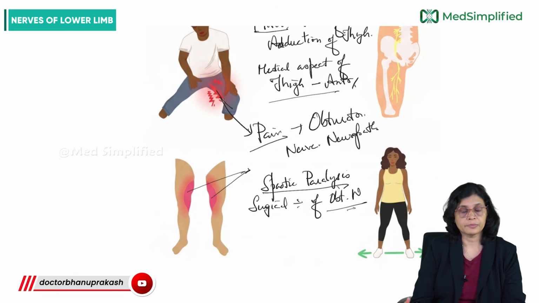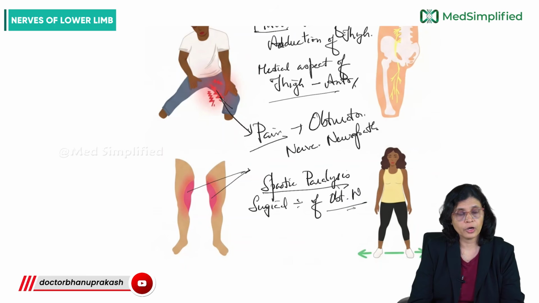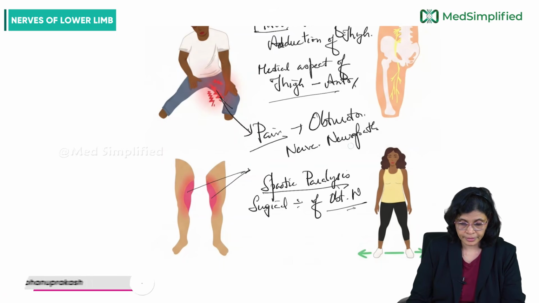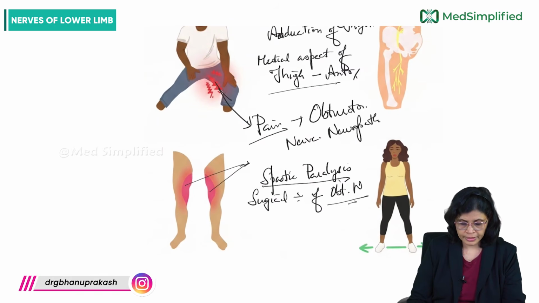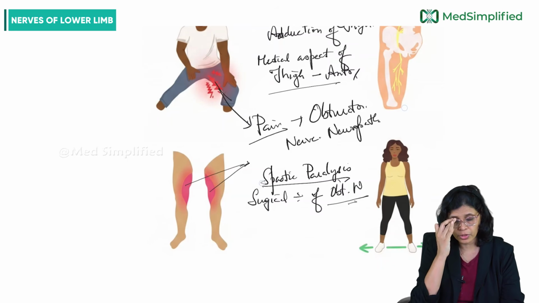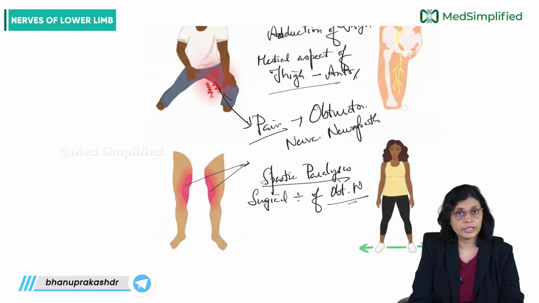To relieve the spasm of the adductor muscles. And you should also remember the referred pain in diseases of the hip joint. In diseases of the hip joint, the pain may be referred to the knee joint because of the common nerve supply, because it supplies both the hip joint as well as the knee joint.